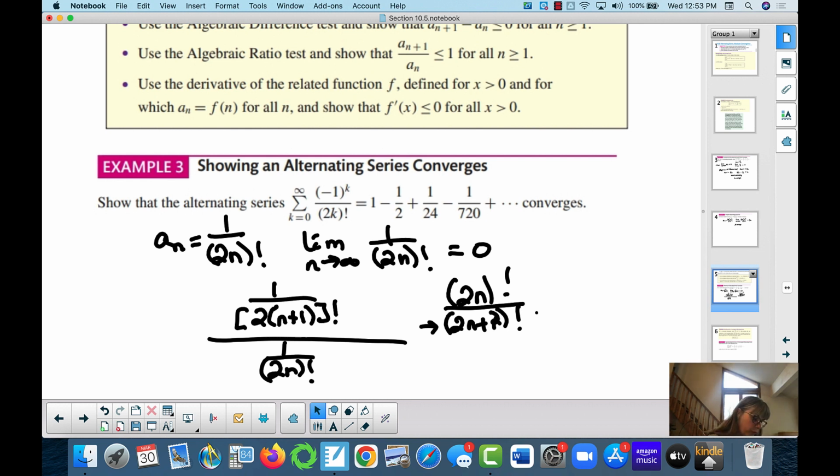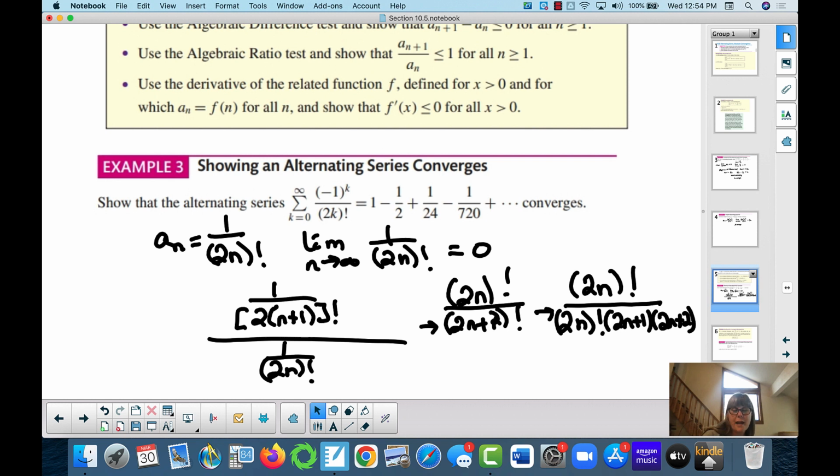This I can rewrite as 2n factorial times the terms 2n plus 1 and 2n plus 2, because all that the 2n factorial is missing is 2n plus 1 and 2n plus 2. Otherwise, these have the exact same terms in them, because remember, a factorial means to multiply all those terms together.